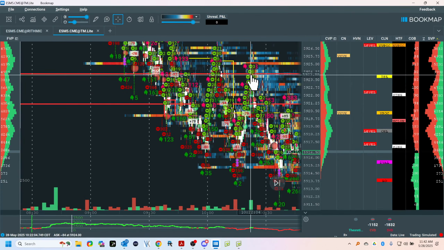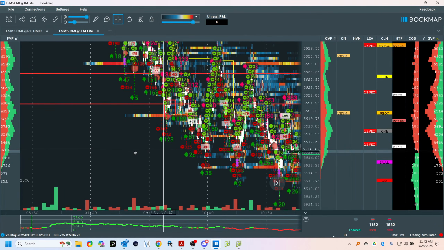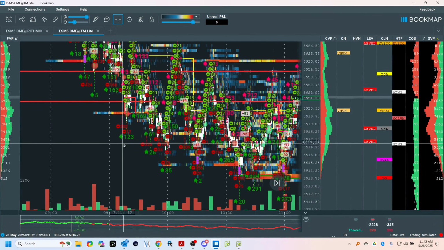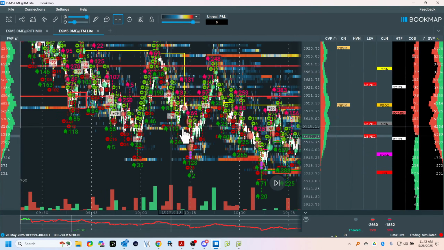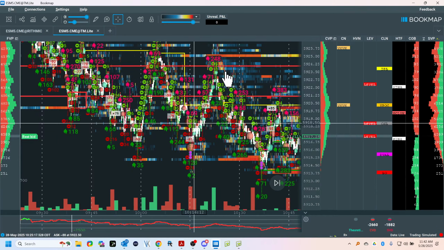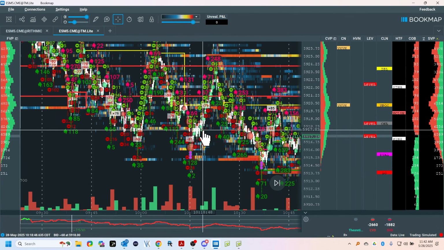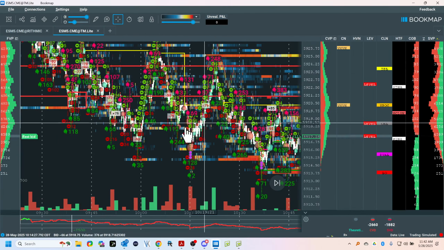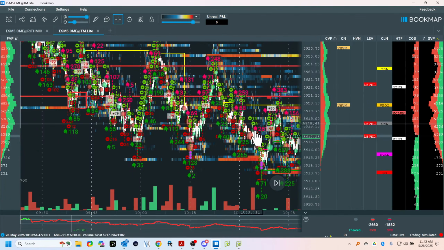So sellers are here, buyers are here. The way I think about this at times is, if I took a short here, I'm going to be targeting this. Well, this, and this. Why would I target this? Because my buyers are here. So if my buyers are here, they may show up again.